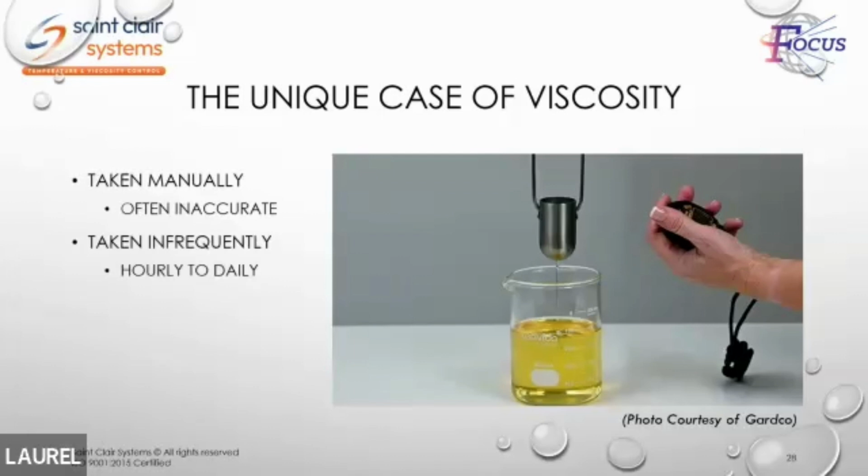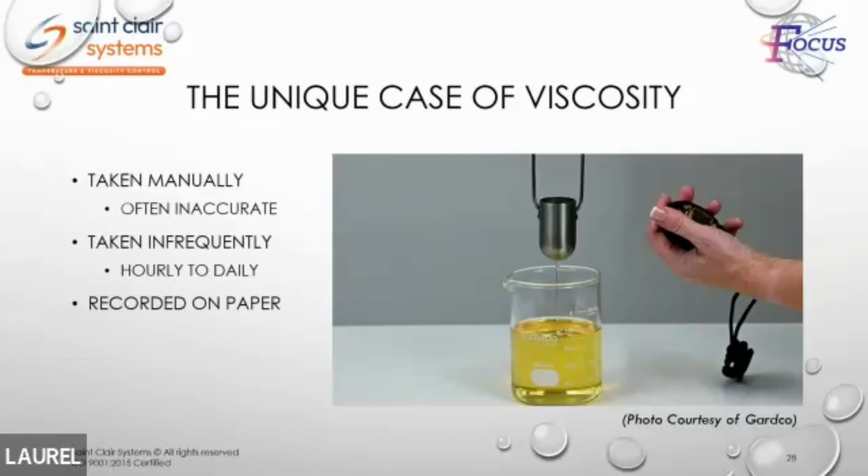Moreover, it takes time, so it's often taken infrequently. Maybe the first of the shift, maybe a couple times a day, maybe hourly if I really got good operators and lots of time. It's also being manual, generally recorded on paper.